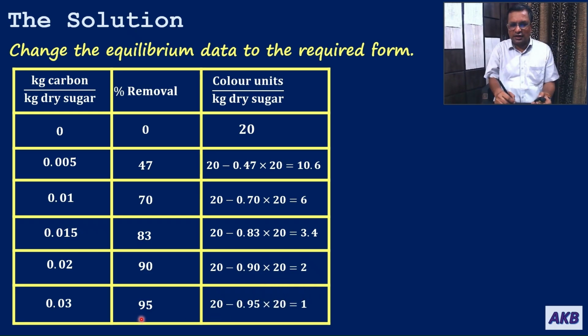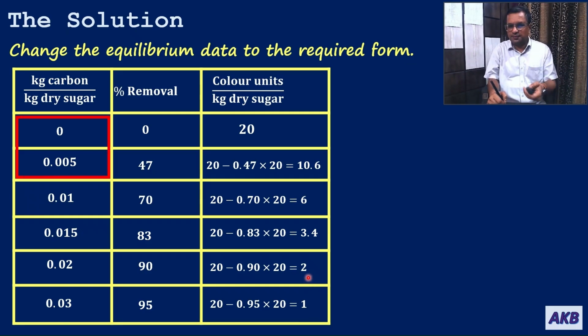And finally, when 95% of the color is removed, it would be 20 minus 0.95 into 20, that is equal to 1. So the values in the last column are capital Y values. And now we have obtained capital Y values.